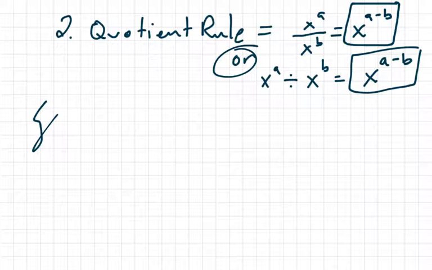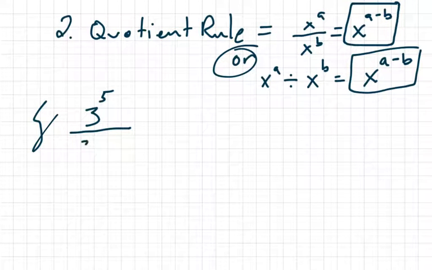Again, this all comes from this simple idea of the expanding. So maybe I'll do that in the first example. I'll show you 3 to the 5 divided by 3, well, let's say 3 cubed. So if I were to expand this, now I'm going to put it right beside here so we can see what we're looking at.